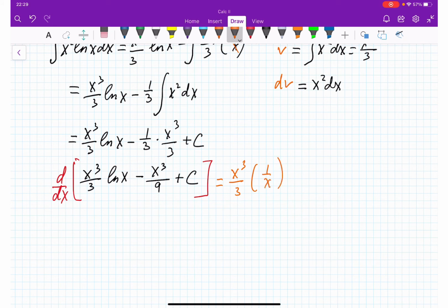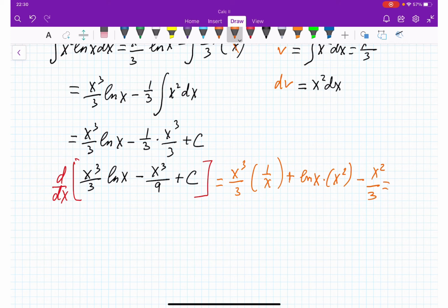Now, derivative of log x, plus log x times x squared, right? And minus x squared over 3.